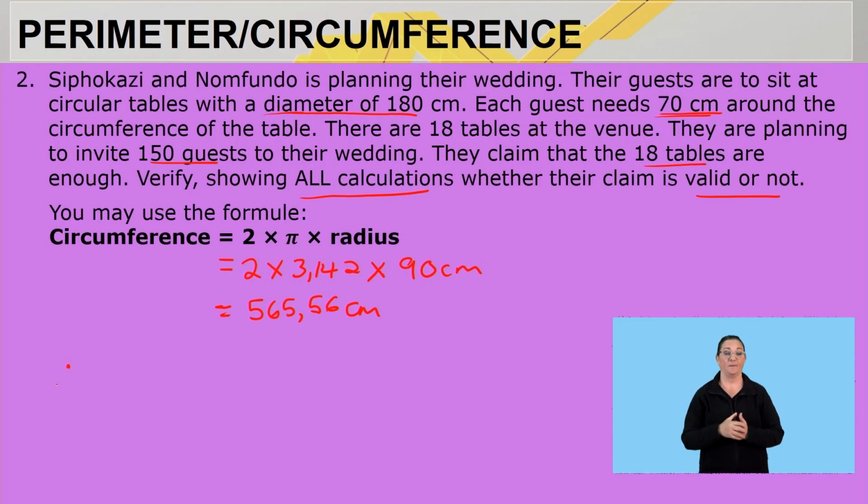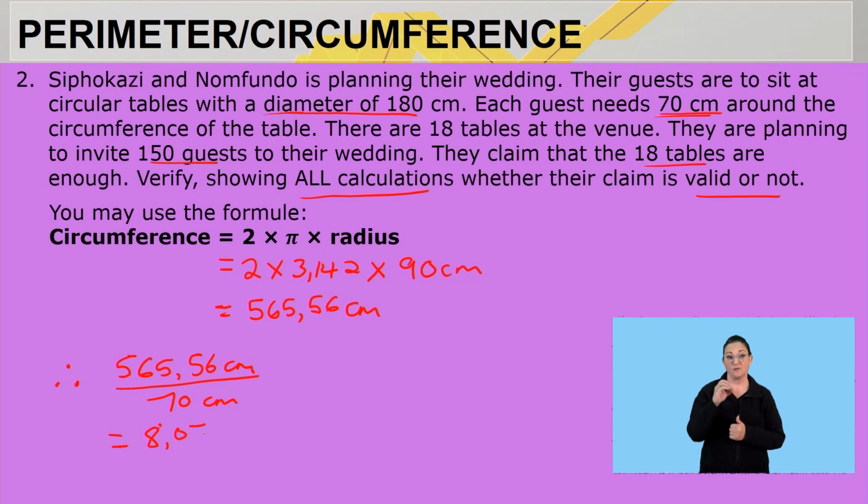So I'll take the circumference of the table, 565.56 centimeters, and divide it by the 70 centimeters. That will give me 8.079. I'll stop here. That is the number of people that can be seated around the table. So we are saying that one table can seat 8 guests.